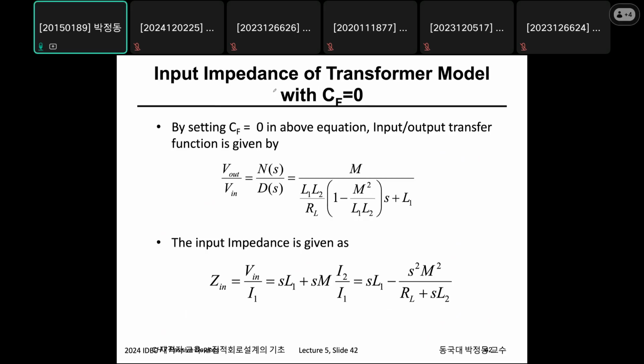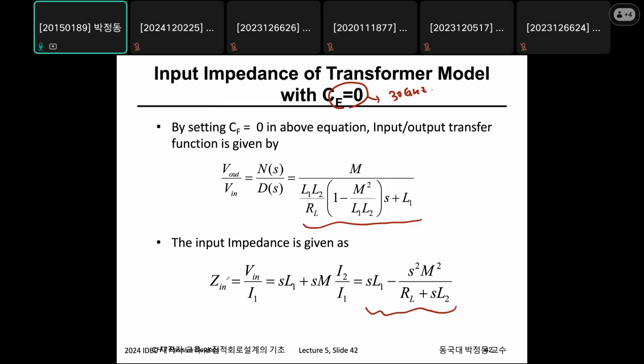Also let's talk about CF equals 0, which is typically valid for maybe up to 20 or 30 gigahertz. As can be seen over here, you can easily get the relation like this. The input impedance is given by this.